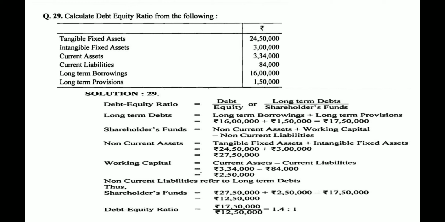Now the 29th question is also based on debt equity ratio. So first of all, you have to calculate long term debts. Long term borrowing and long term provisions are given.